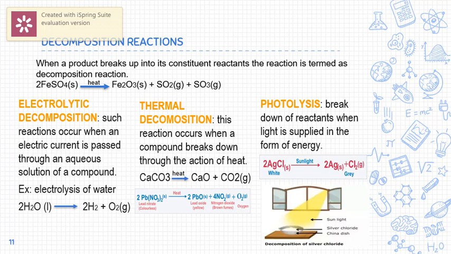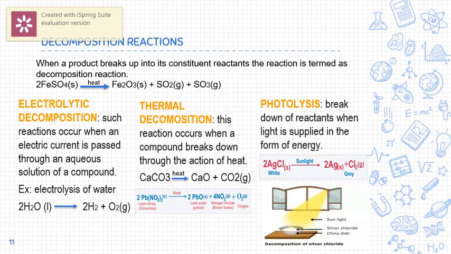In place of heat, if you decompose by supplying electricity, that comes under the category electrolytic decomposition, because in most of the industrial reactions we carry out this electrolytic decomposition, because certain reactions cannot be broken down using either thermal or light energy.